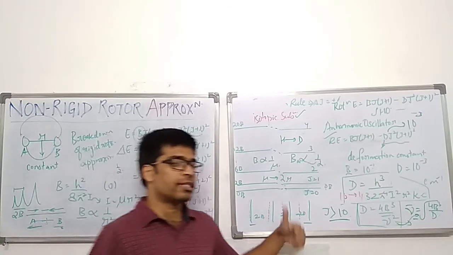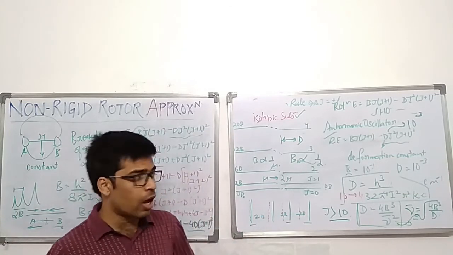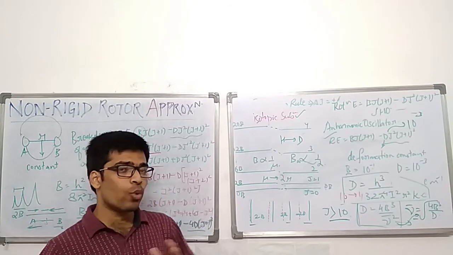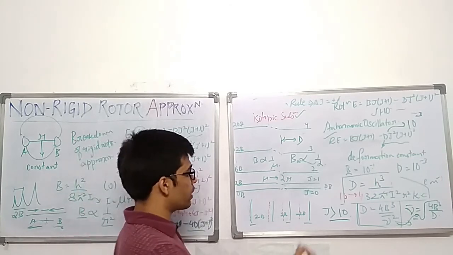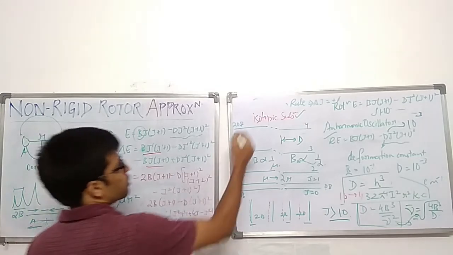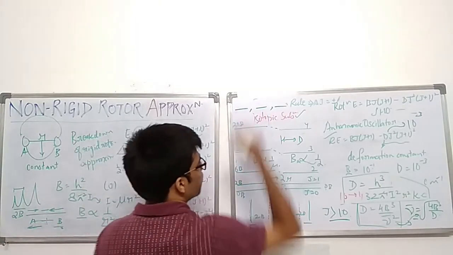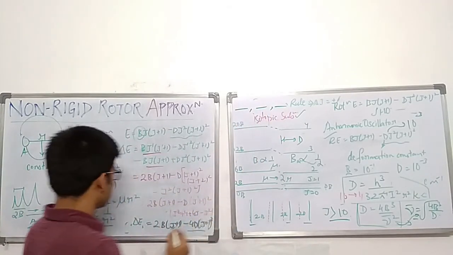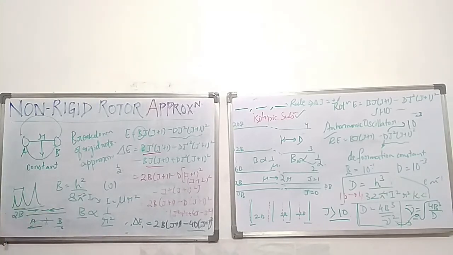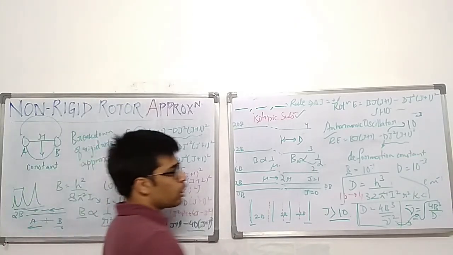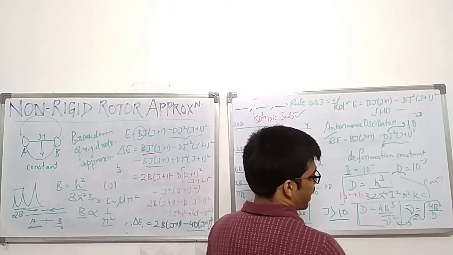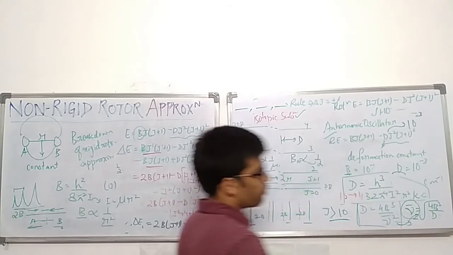But what kind of questions can come from this particular topic? Now, it's possible that you are given 3 peaks. Let's say you are given peaks at 3 different values of centimeter inverse, and you are asked to find rotational constant, distortion constant, and the vibrational frequency.